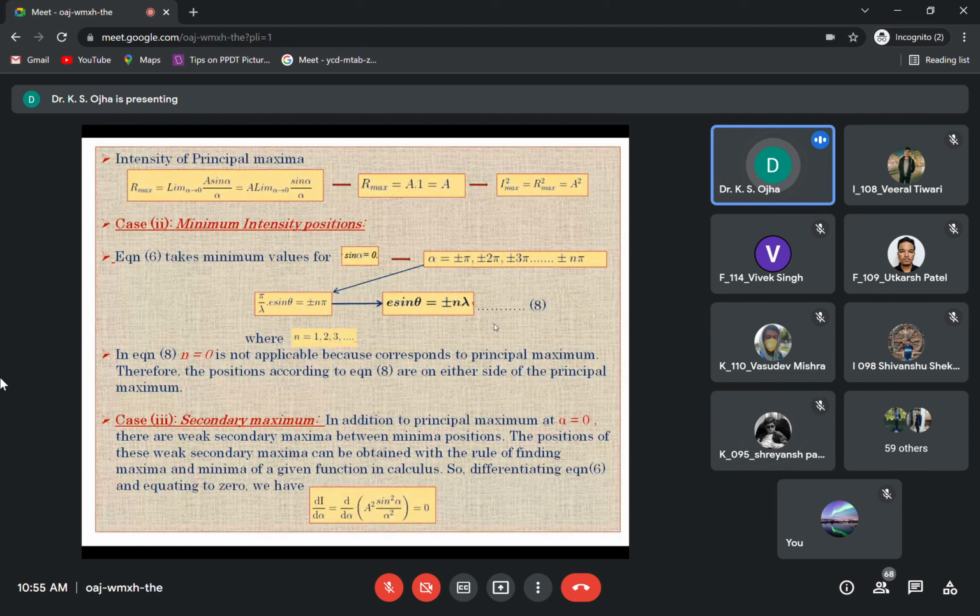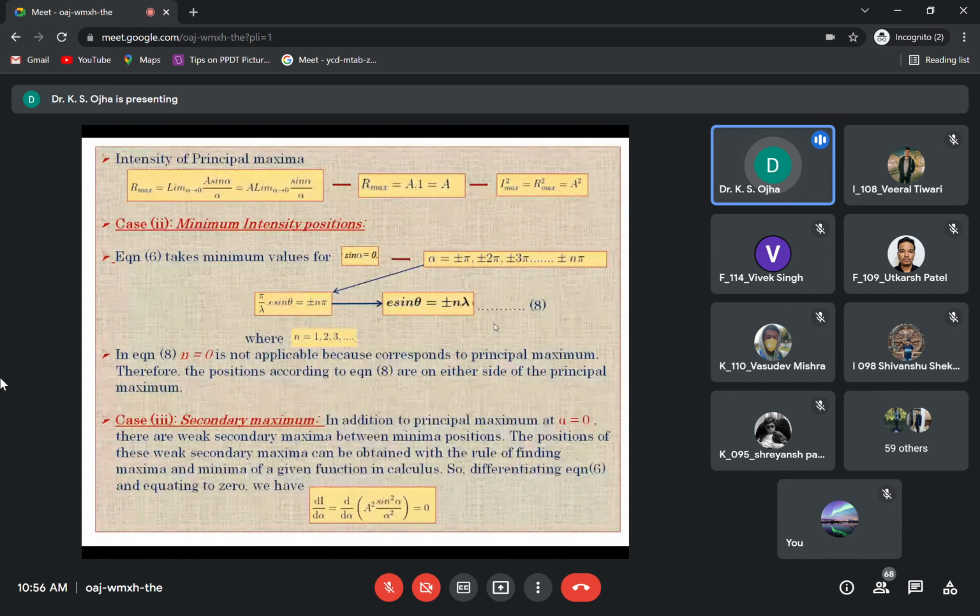Now we have already found two patterns, maximum intensity and minimum intensity. But in the diffraction phenomena, we also get secondary maxima. The intensity of the secondary maxima will be less than the principal maxima.